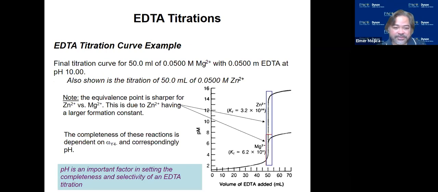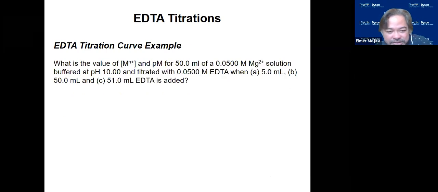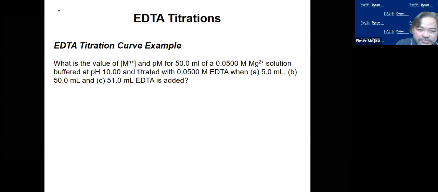Okay, so if we look at this one, we just follow what we did with the precipitation titration. So the first thing that we do is determine the equivalence volume. From here we could say 50 mL times 0.05, and you have the 0.05, so Ve is just 50 mL, although it's already given here.